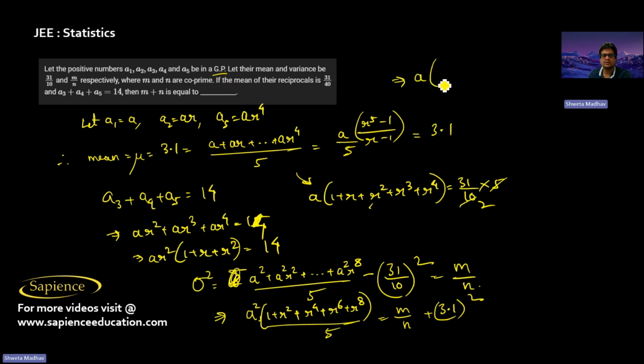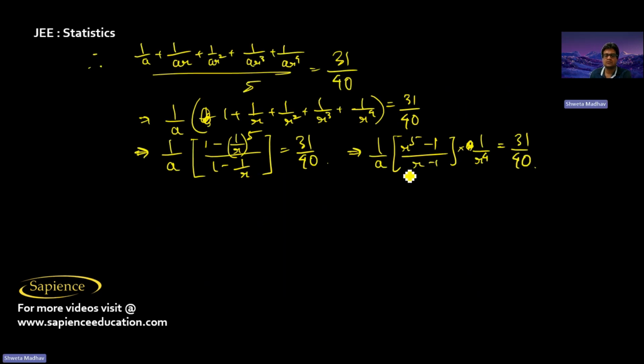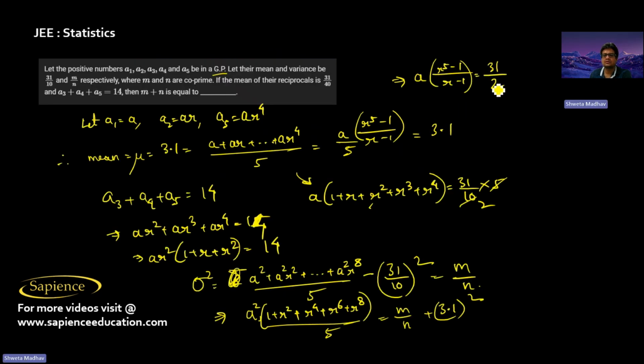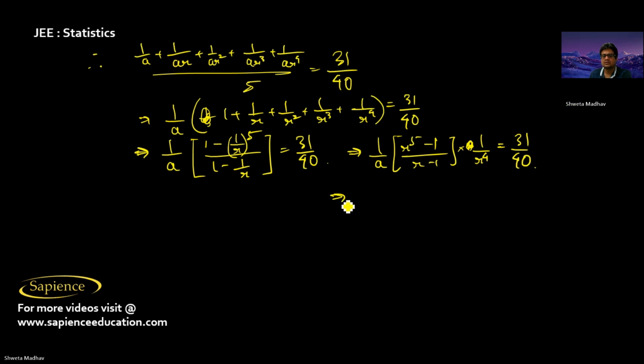Here this will be a into r power 5 minus 1 by r minus 1, that is equal to 31 by 2. So this value I can write, this is 31 by 2a. This is 31 by 2a into 1 by r power 4, that is equal to 31 by 50.